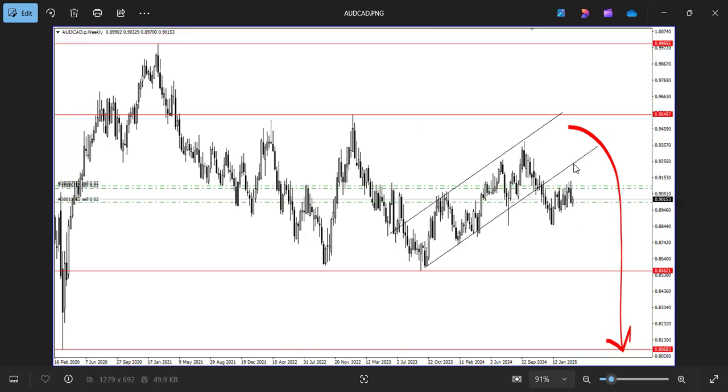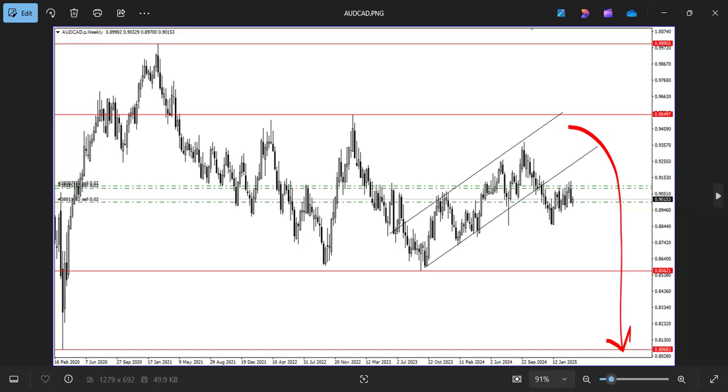So if I get a pullback, if price comes back and retests this zone or this equidistant channel line pattern again, I'll be putting in a bigger order, looking at selling all the way to break this key level and continue into this other level. As I said, this being a weekly chart, the selling will take some good time. It may take a year, it may take even years, but we shall continue updating weekly, step by step.